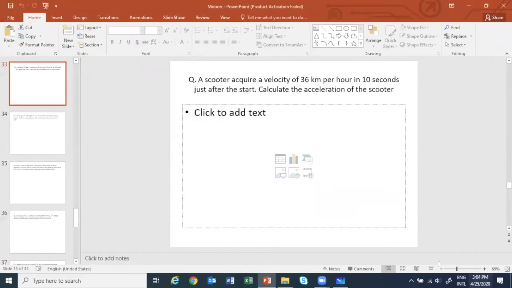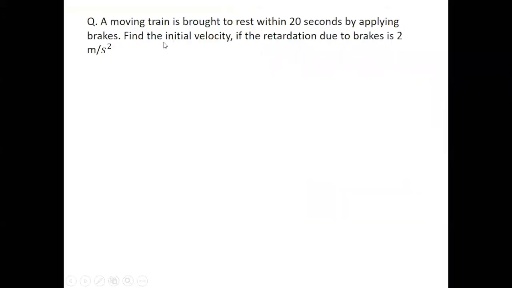So now, a scooter acquires a velocity of 36 kilometer per hour in 10 seconds just after the start. Just after the start, so u is 0 meter per second and v is 36 kilometer per hour.